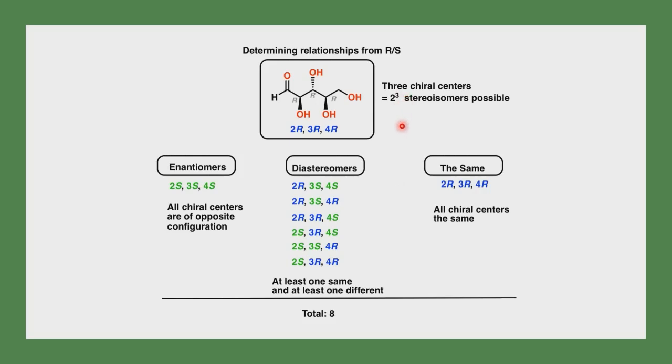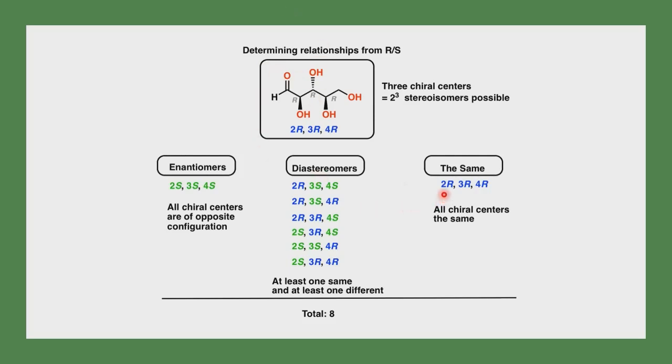And the possible total outcome of this combination of diastereomer is a total of 8 combinations or forms. So we have this first, which is an enantiomer. All chiral centers are of opposite configuration. So we will now have 2S, 3S, 4S, which will be on the opposite side.